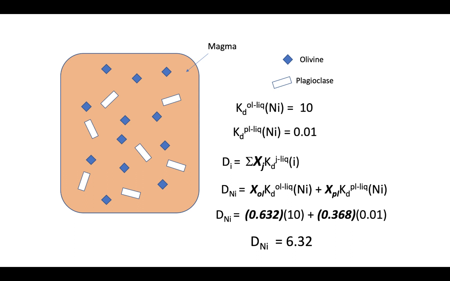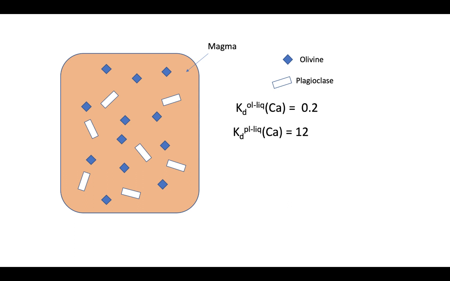Let's take a look at calcium. In our previous example, we found out that calcium is incompatible in olivine, but compatible in plagioclase. For this very same system, we can do the same kind of calculation. I'm not going to write the general equation here, so we'll just look at the particular case.